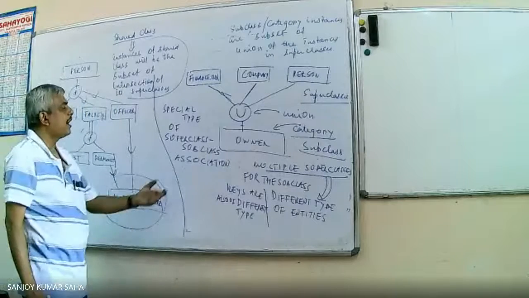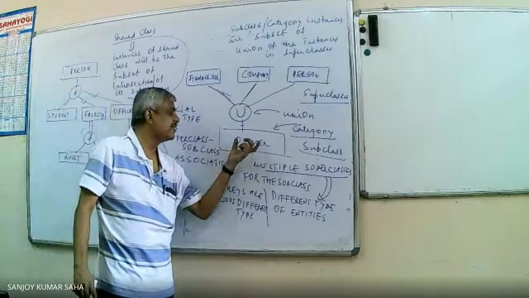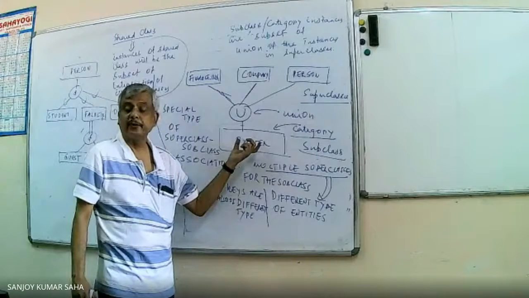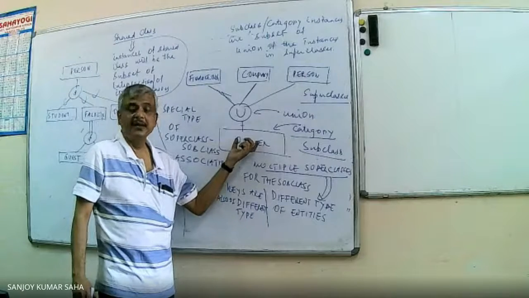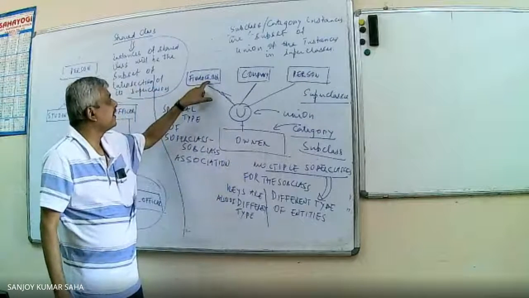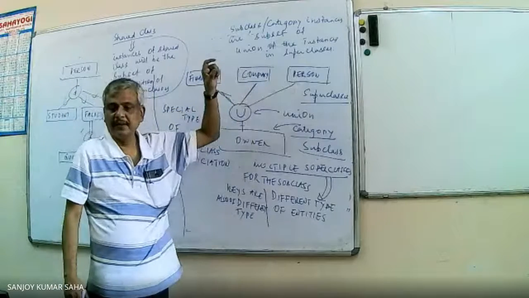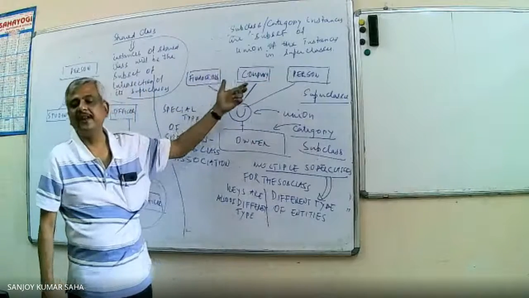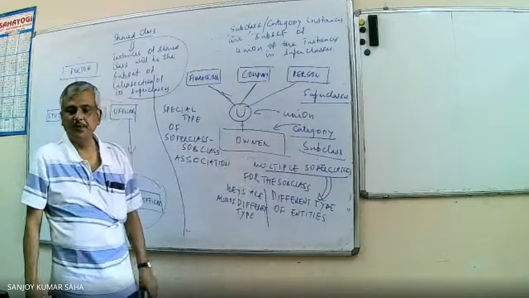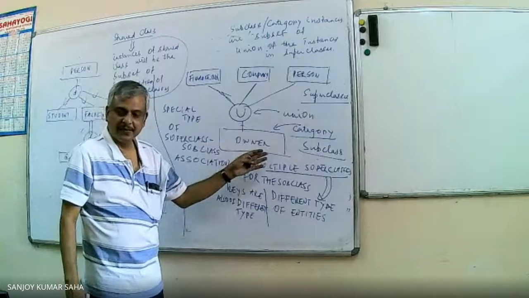Right? Now, a particular category instance, an owner instance, what attributes will it have? Depending on whether it is a financial organization, a company, or a person, it will have different kinds of attributes. So attributes are also sensitive.